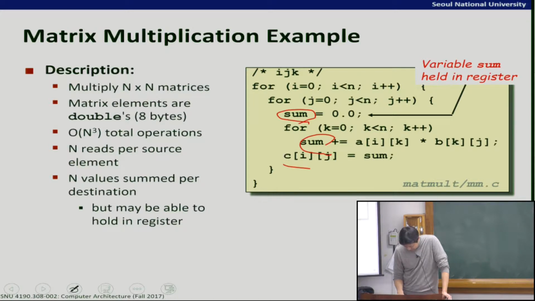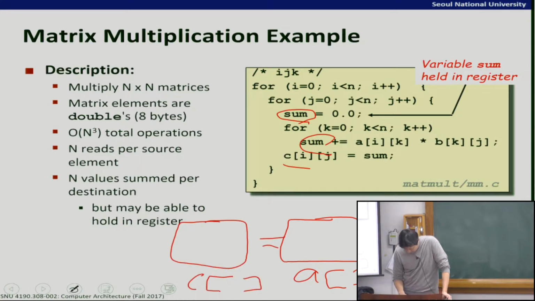We have array A here, array B here, and array C here. Then if you want to calculate the value of a specific point like this, what you have to do is calculate the sum of products for this thing, right? That's how we calculate the value here.